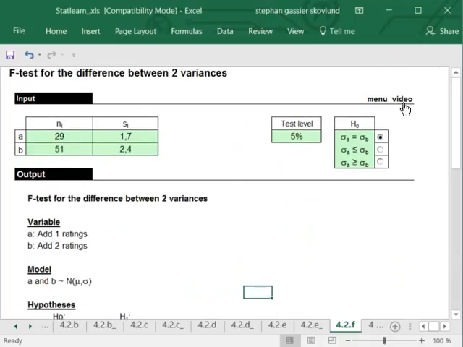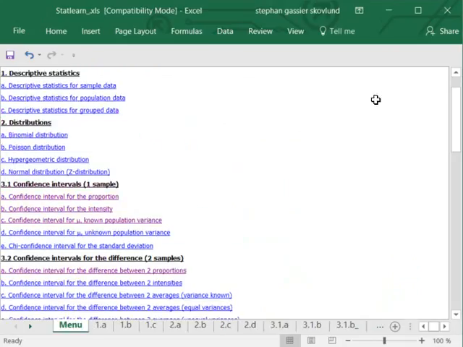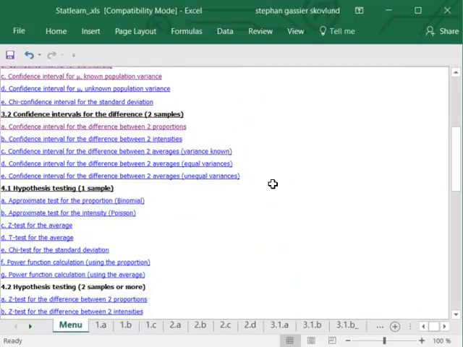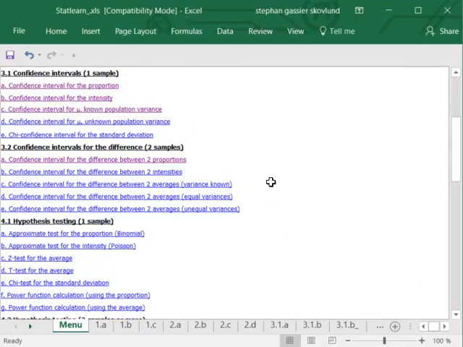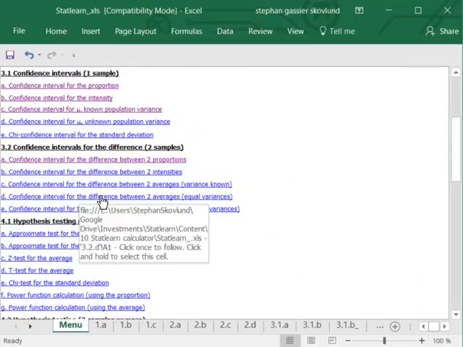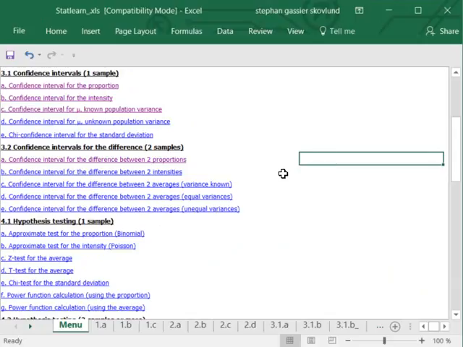Let me check here, back to the menu. Yes, confidence intervals for equal variances, here it is.